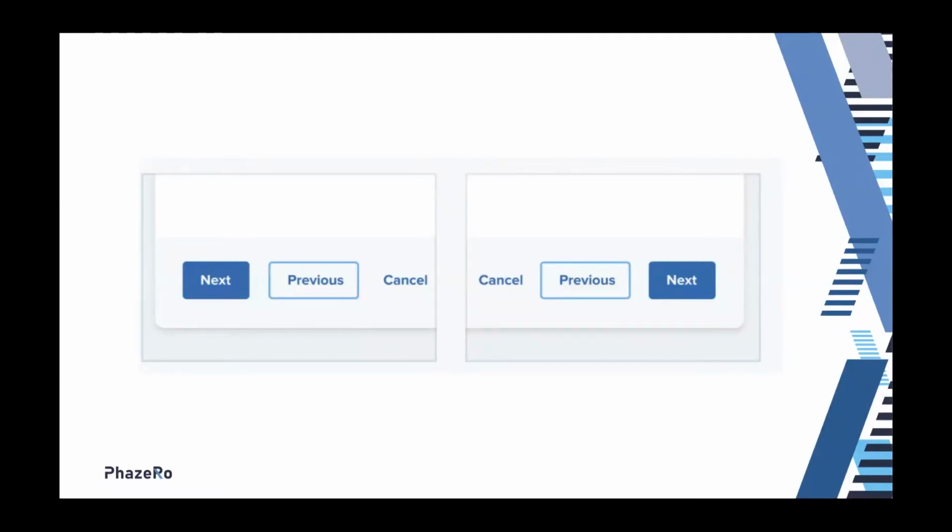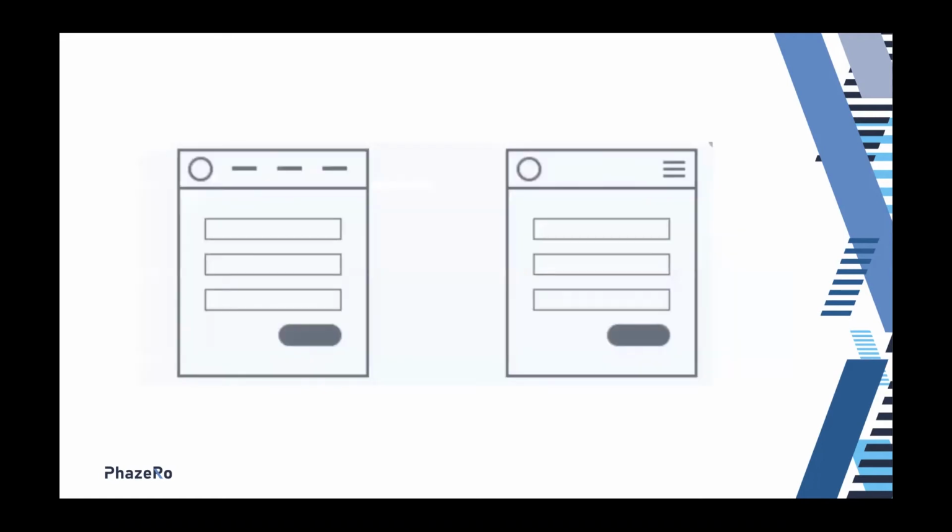So this is like a debate. There are no right answers, so it will take time to decide. And also whether to have the navigation bar as a hamburger or listed. This is an example of insecurity.